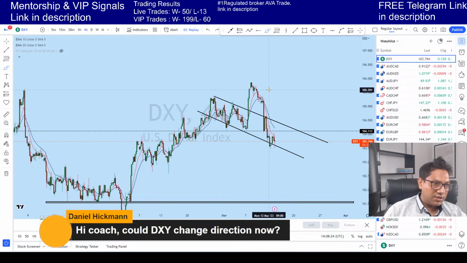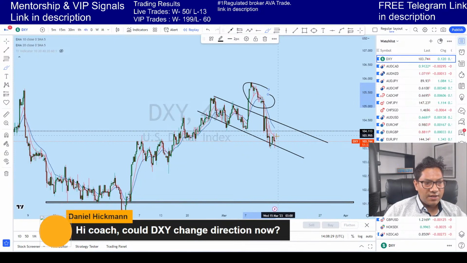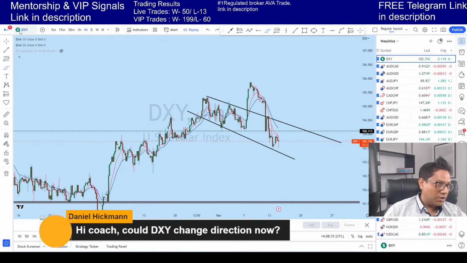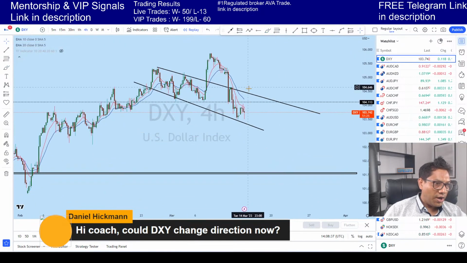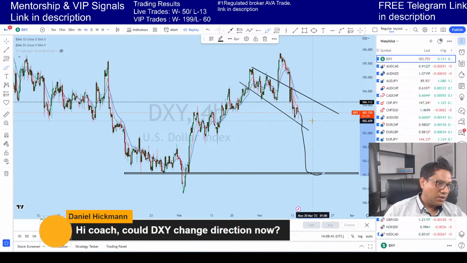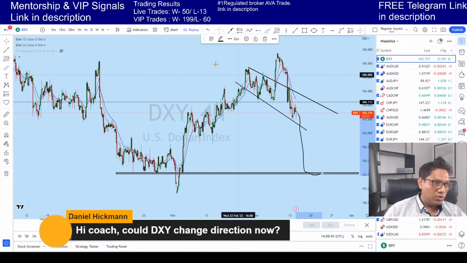Normally you'll see these kinds of things when the price grabs liquidity one side, the price trends the other side. Okay, so for me there is a high probability for DXY to trend the other direction. Highly likely it may come back to this level of support.